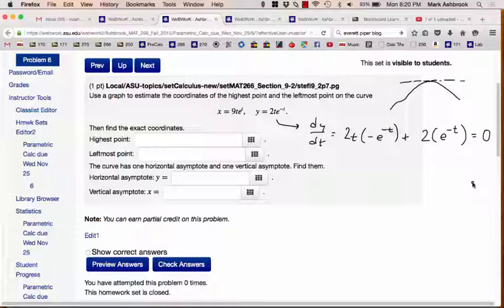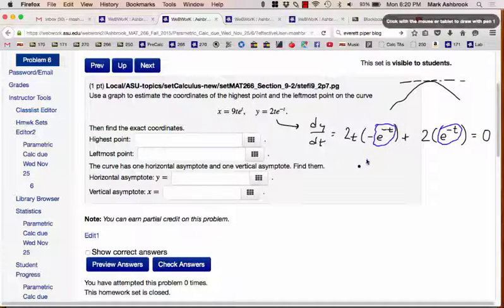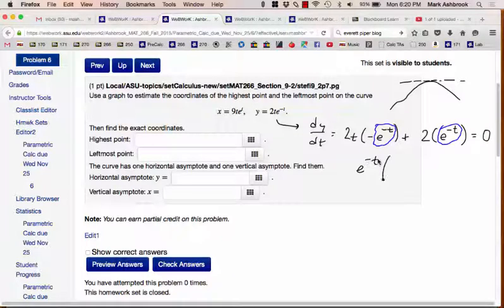And so e to the minus t is never 0. This exponential function, you can never get that to be 0. So in fact, we can just factor it out and not have to worry about it, because it can never be 0. So e to the minus t times negative 2t plus 2. And so our t value will be 1.